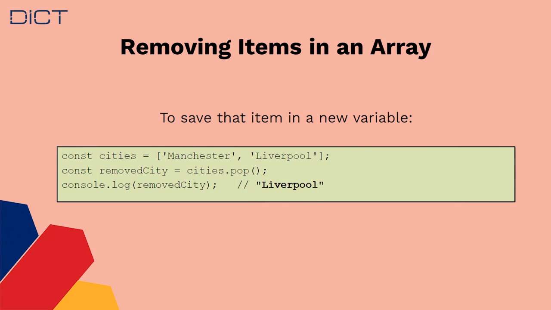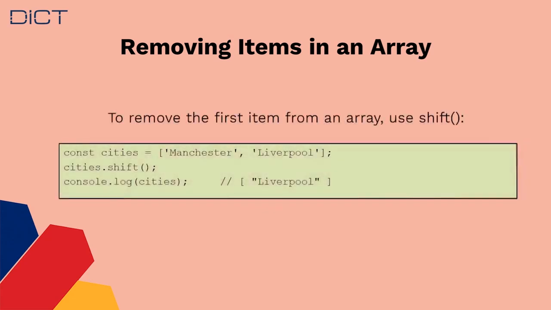Then cities.pop, so it will store in removedCity the Liverpool. So we console.log the removedCity and it will return the last item that has been removed from the array. Okay, that's how you save that item into a new variable and display it.